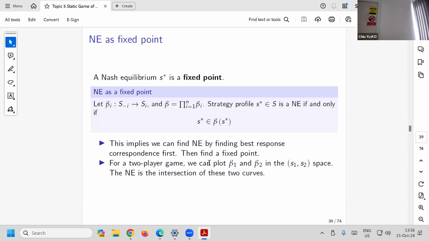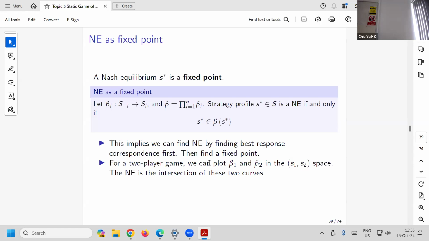Fixed point means the strategy profile, after the best response mapping, maps to itself, as an element of that. That is the most challenging one. Of course, I'll give you a less abstract idea, but that is what we do.